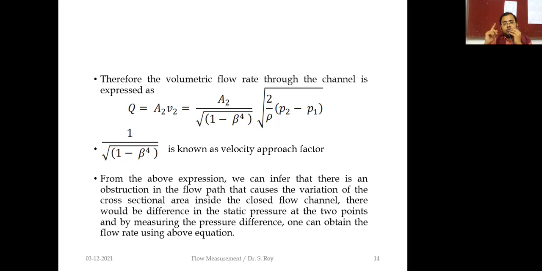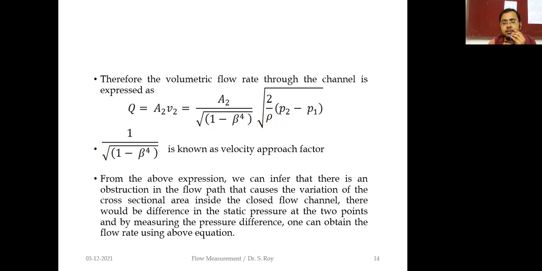And if the velocity head changes, then as per Bernoulli's theorem, the pressure head is going to change. And if I measure this del P, the change in pressure head, we have a direct relationship with the volumetric flow rate, that is nothing but under root of del P. So the question that was coined, how by measuring the differential pressure we can measure the flow rate, is answered in this slide.